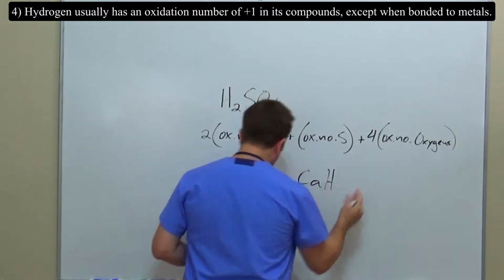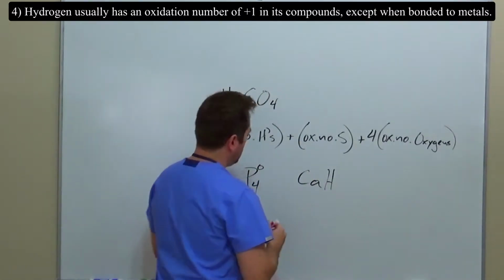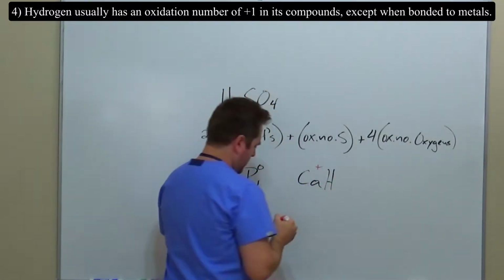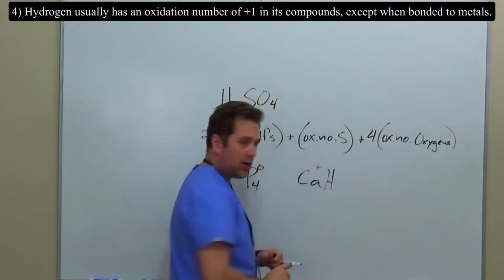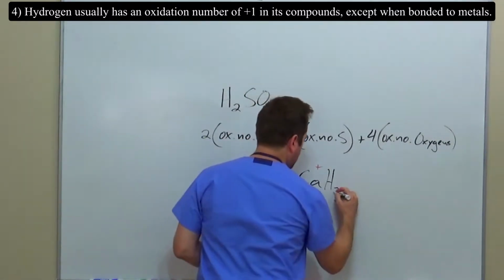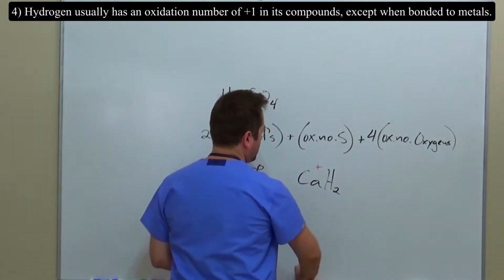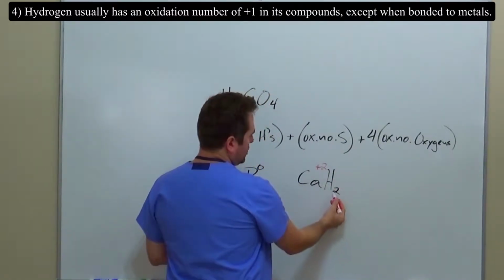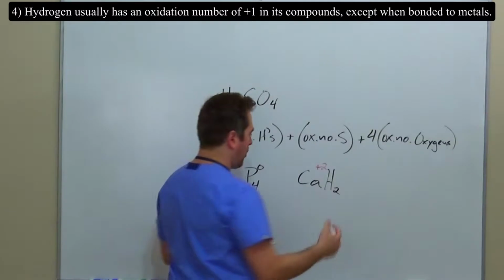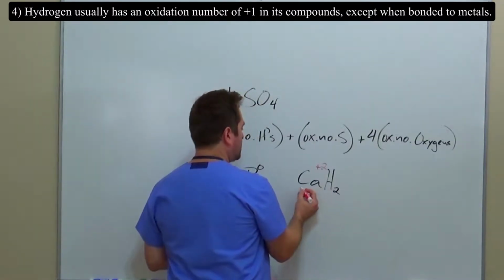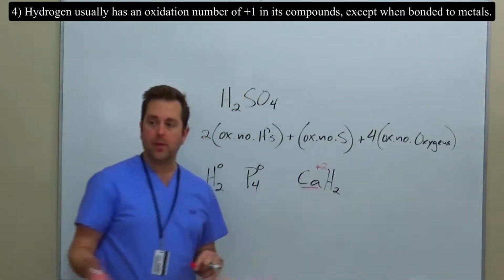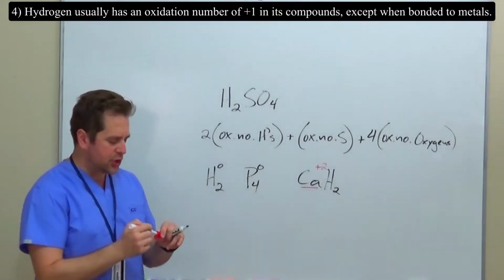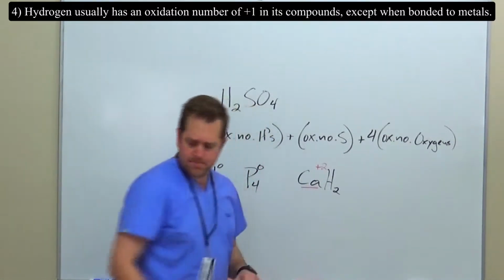It has a +2. So we know it's going to require 2 hydrogens. Oops, I should have written +2. So each of these individual hydrogens is going to be -1 in this context. Again, whenever it's bonded to a metal, that's when hydrogen has a negative oxidation number. Okay?